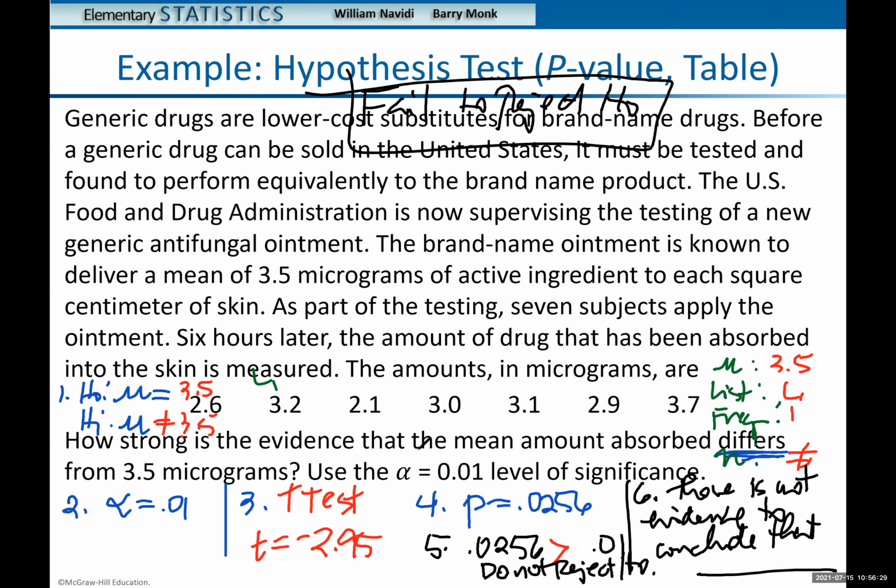The mean amount of drug absorbed differs from. Very good. Yes. So the conclusion is: the mean amount absorbed differs from 3.5 micrograms. Okay, please copy if you need to copy this.